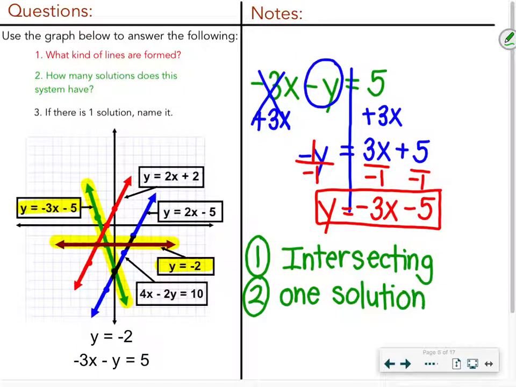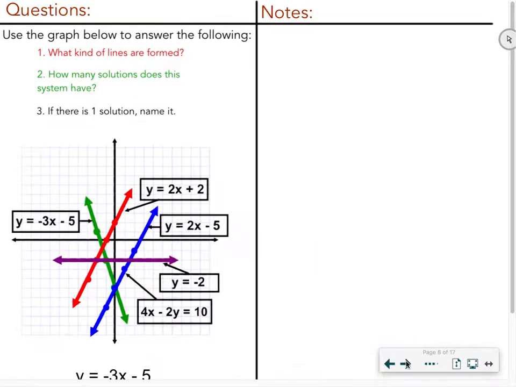And the ordered pair where they intersect is right here where I'm making a red dot, which is at the spot negative 1, negative 2. So intersecting, one solution, negative 1, negative 2.